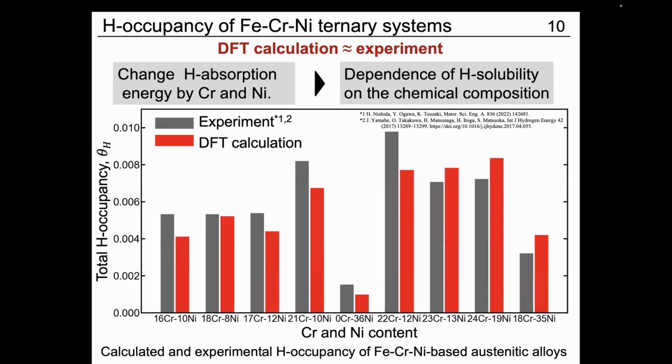That's to say, the change of hydrogen absorption energy by chromium and nickel atoms is the dominant factor of the chemical composition dependence. From now, we will talk about the influence of atomic configuration on the hydrogen solubility.